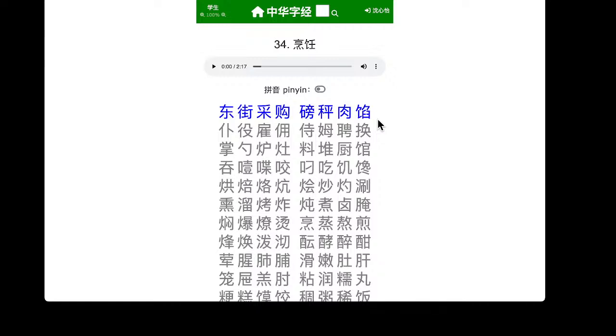So over here in this context, 磅秤肉馅 is used as a verb. Okay, so basically 磅秤 is you weigh something. Weigh what? Weigh 肉馅. So you're buying some meat to use as stuffing. Okay, so the guy in the market is weighing the meat. Okay, so that's called 磅秤肉馅.